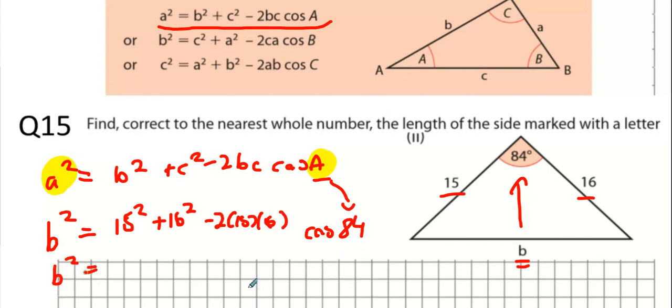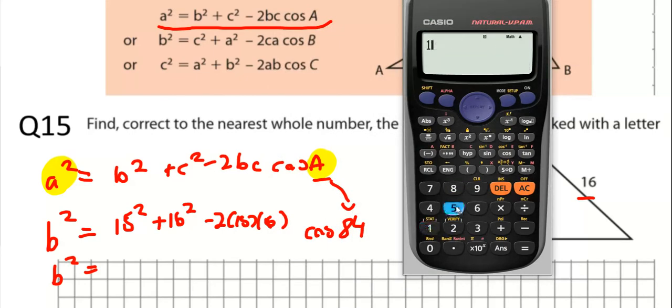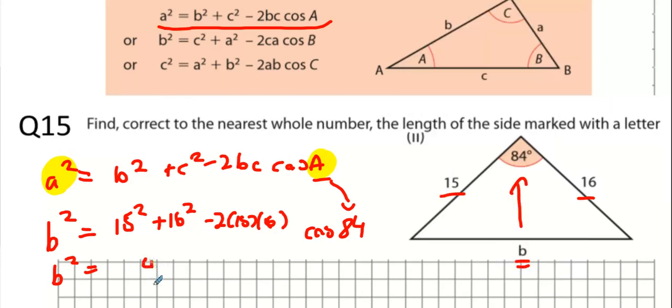Now, with length questions, they're quite easy. All you need to do is throw them into the calculator, so you're going to get 15 squared plus 16 squared minus 2 times 15 times 16 cos 84. That's 430.83.